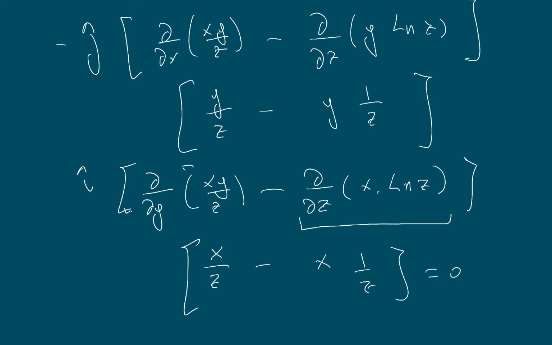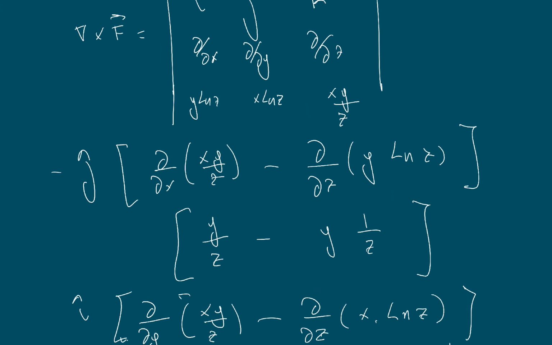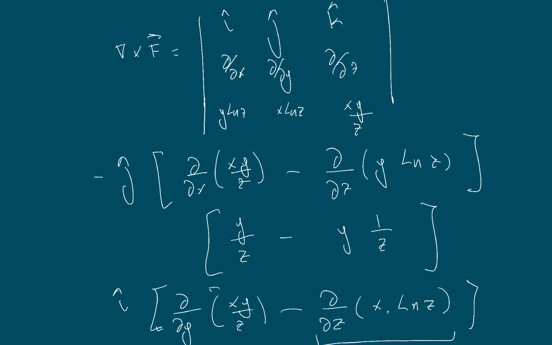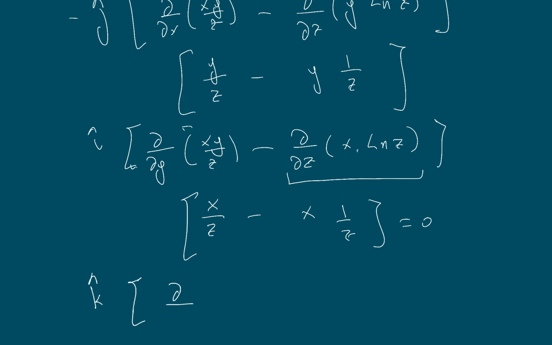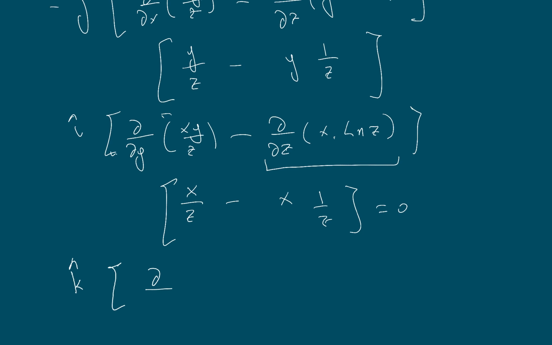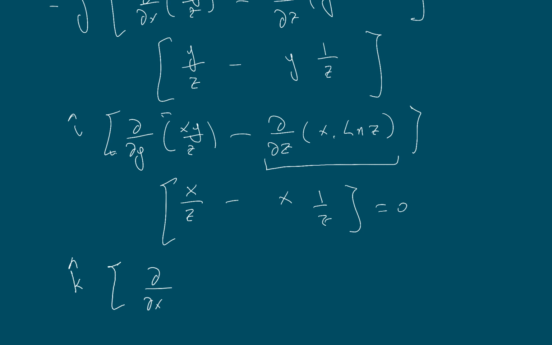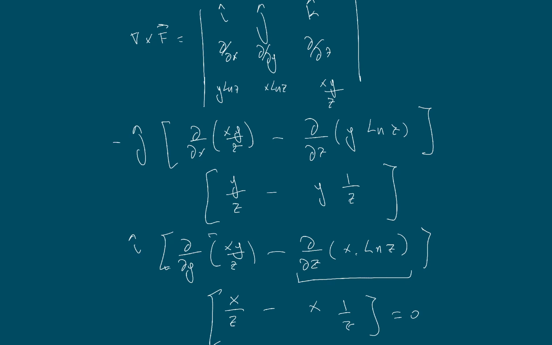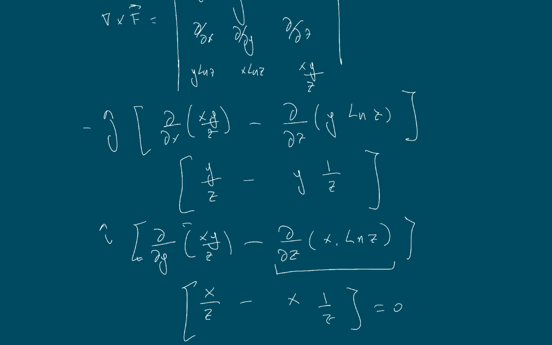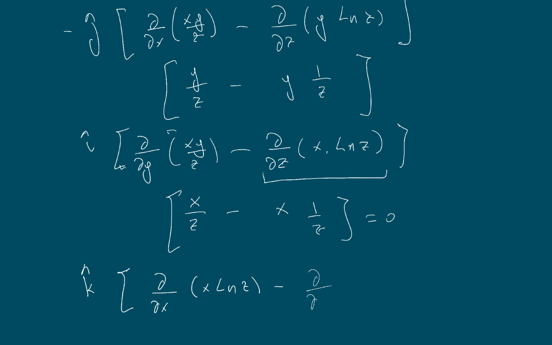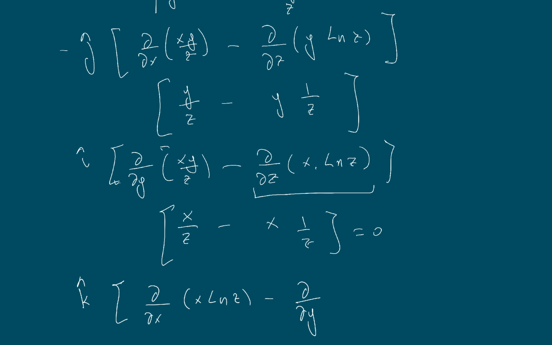So the i component is 0, the j component is 0, and let's go to see the k component. The k component is the derivative with respect to x of y natural log of z minus the partial derivative with respect to y of x natural log of z.